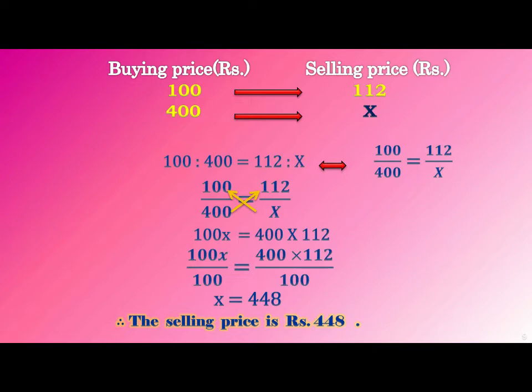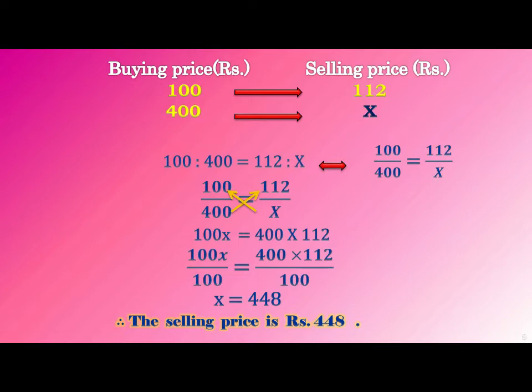Now you can solve the problem here. First of all, you should write two equivalent fractions. 100 to 400 equals 112 to x. After that, you can write it as a fraction. 100 over 400 equals 112 over x. Using cross multiplication, 100x is equal to 400 into 112.